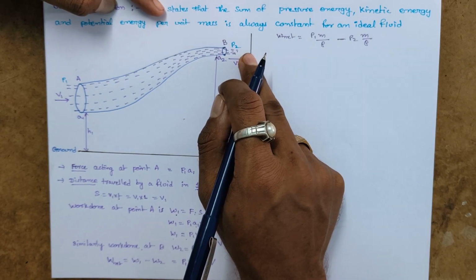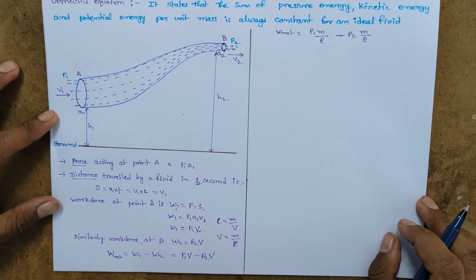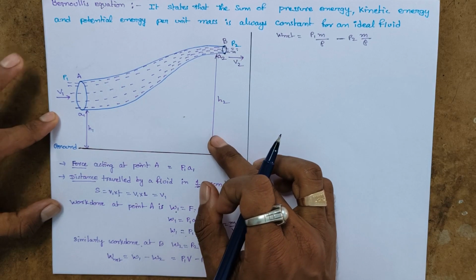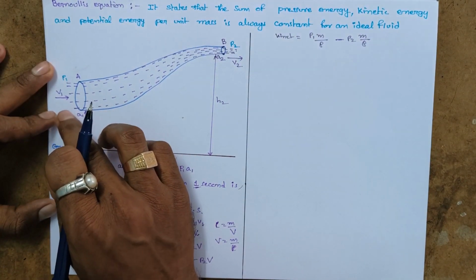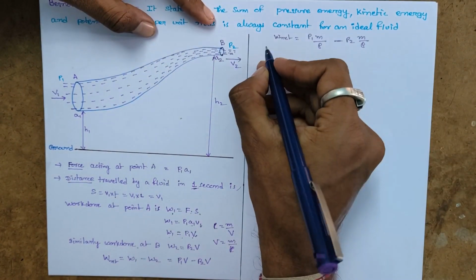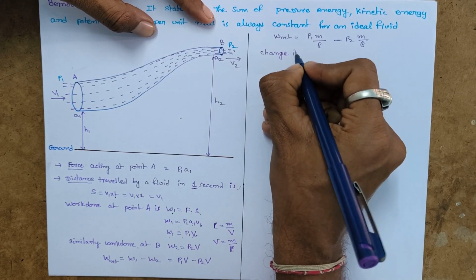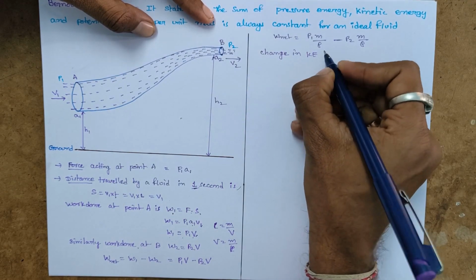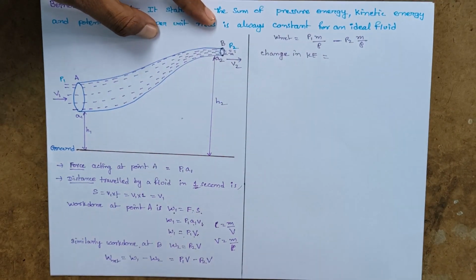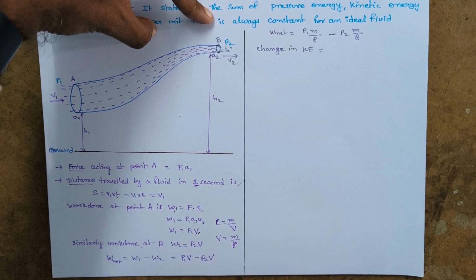But we know that work is nothing but in the form of kinetic energy, right? Here, due to height, potential energy is also present. Therefore, I am going to calculate the change in kinetic energy between point A and point B. Directly we can write change in kinetic energy, at this point, half mv1 square and half mv2 square, right?